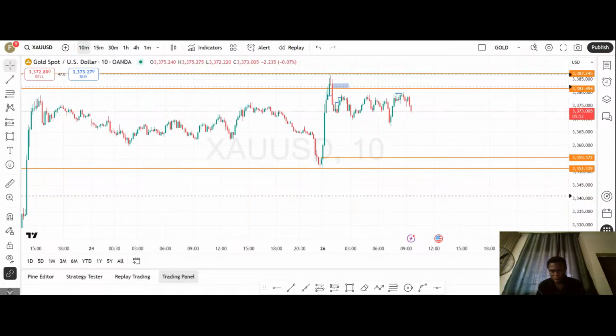People here, one, two, three people here. So I'm gonna be using this US 30 now. I'm sharing with gold, so I'll close this gold and open US 30. Where is US 30 now?